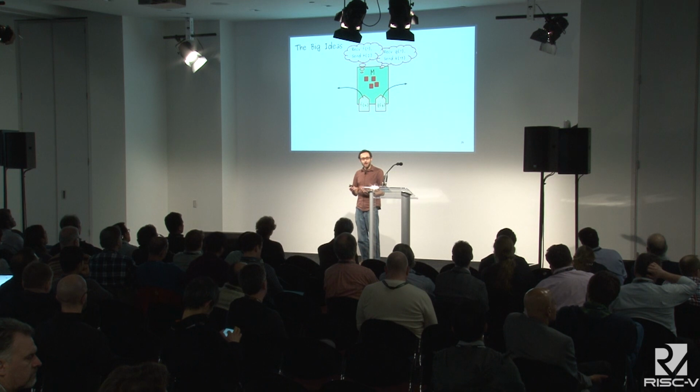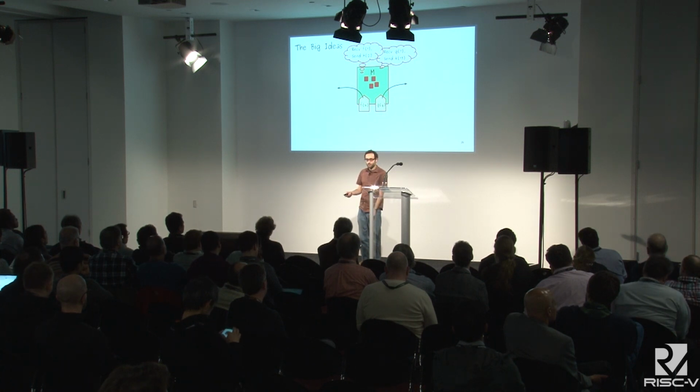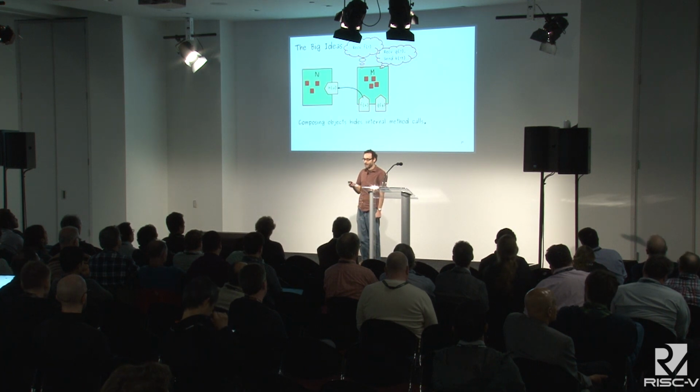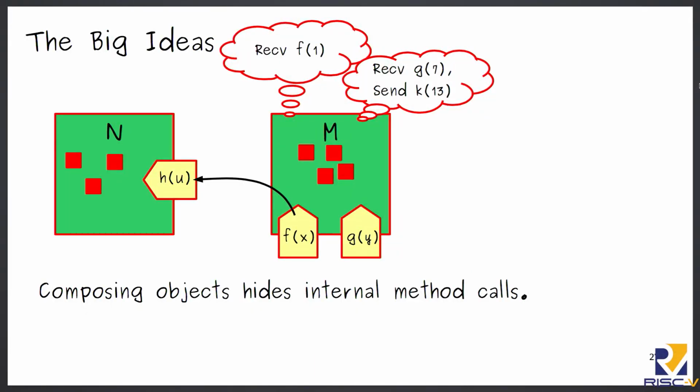The crucial thing that happens in this world to support modular proofs is that as we combine modules together to form bigger ones, from the trace that the rest of the world sees, we cross out all the purely internal communication steps. So as I take M and add N into one bigger module, we no longer need to record the calls to method H, which is part of N. This is now an encapsulated internal implementation detail.